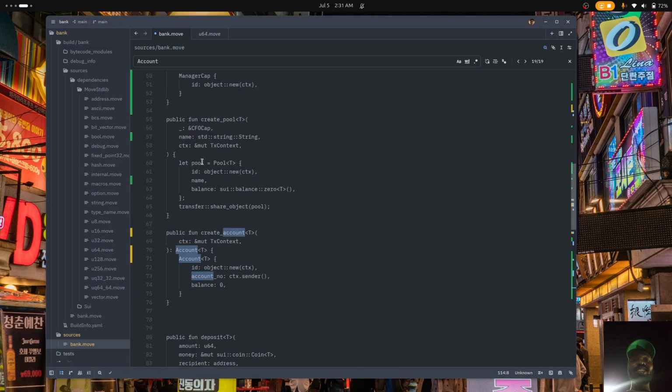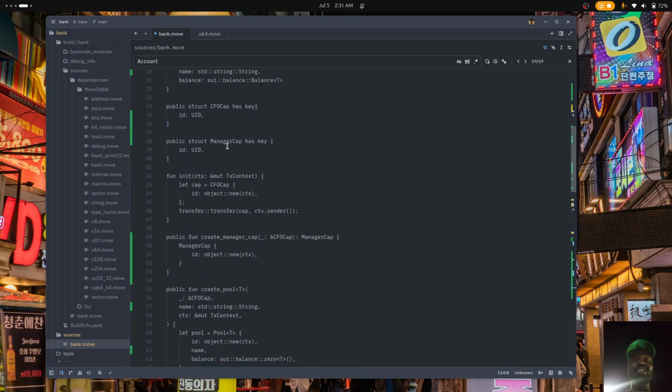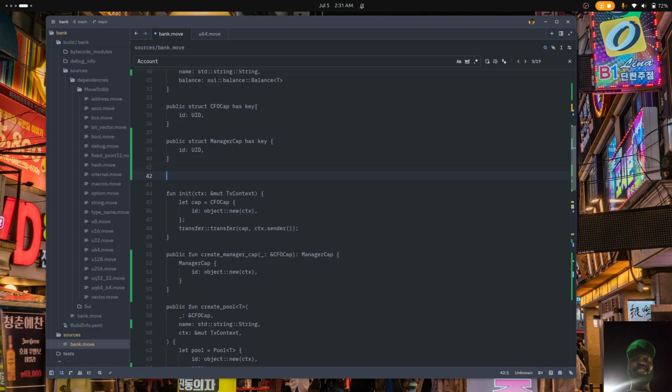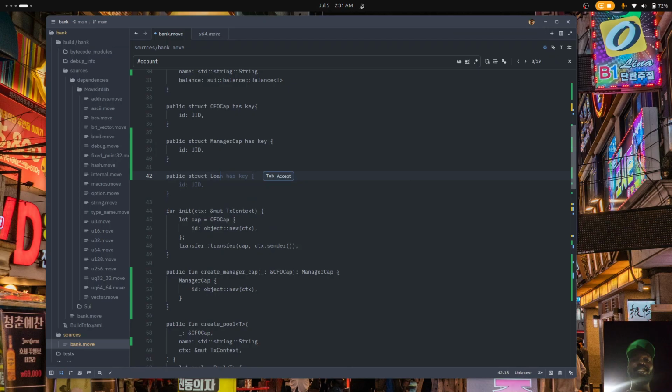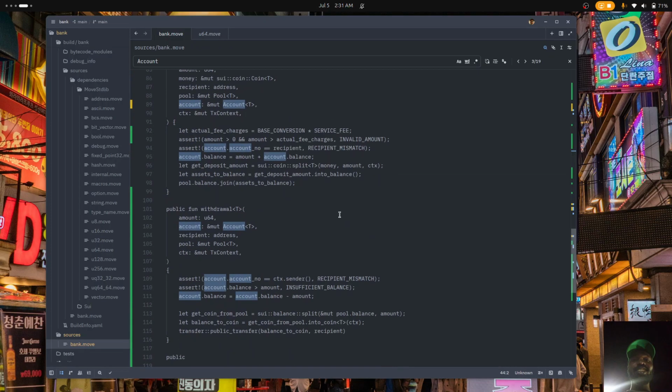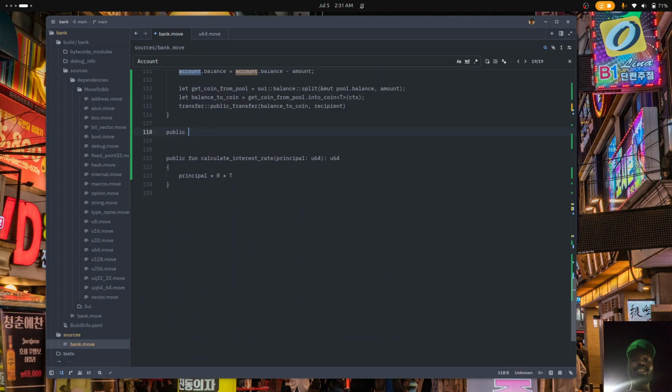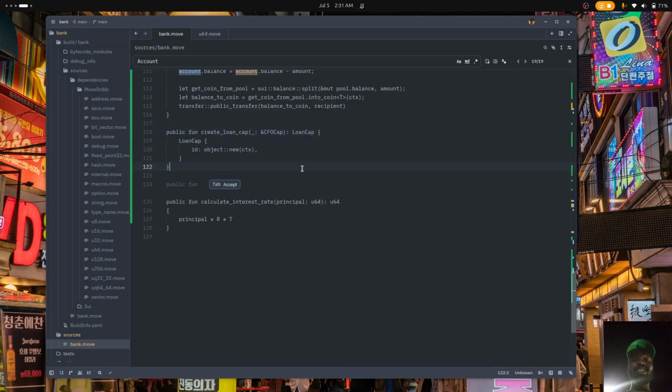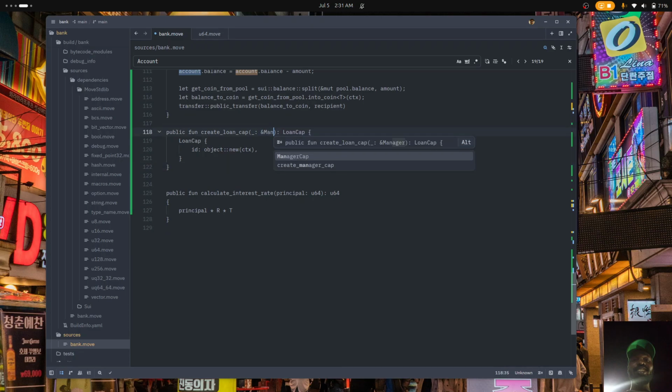Loan cap. So I'm going to create a struct called loan cap. This way the managers can come down here and create a loan cap. The manager can do this.